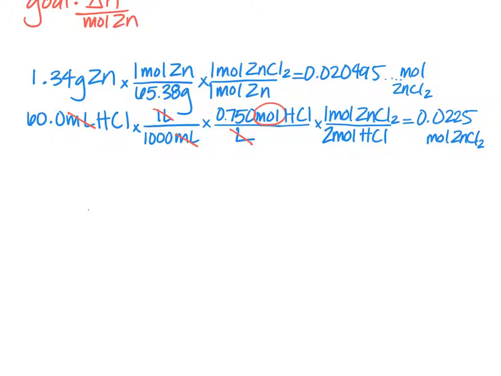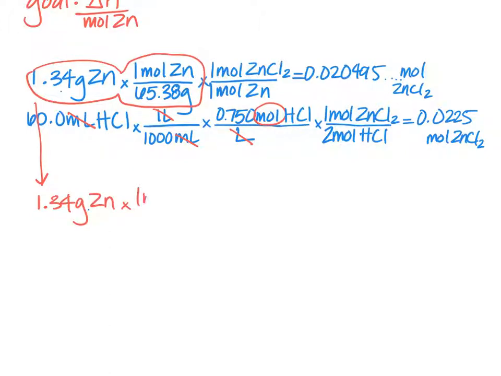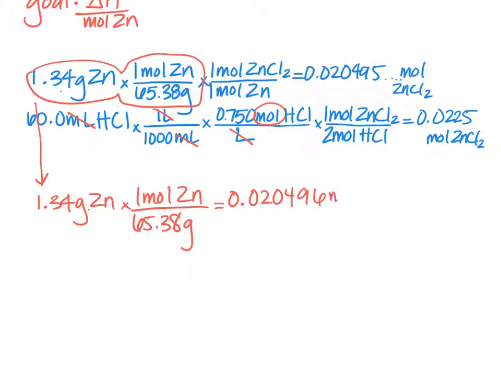Okay, so let me scroll down and show you what you will be responsible for doing for the exam based on this problem. I'm going to take most of what's up above, this piece of the problem, and I'm going to write it down here. So 1.34 grams of zinc times 1 mole of zinc for every 65.38 grams is going to be equal to 0.02049, we'll just round it to a 6, moles of zinc.